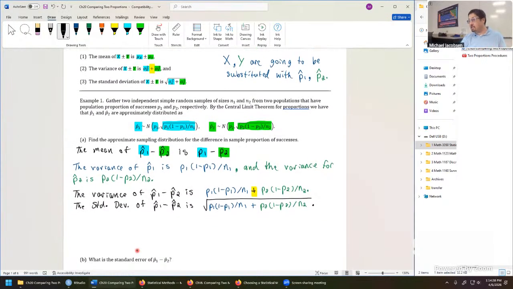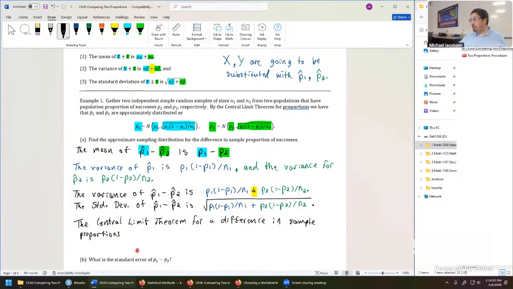And here it is. The central limit theorem for a difference in sample proportions.